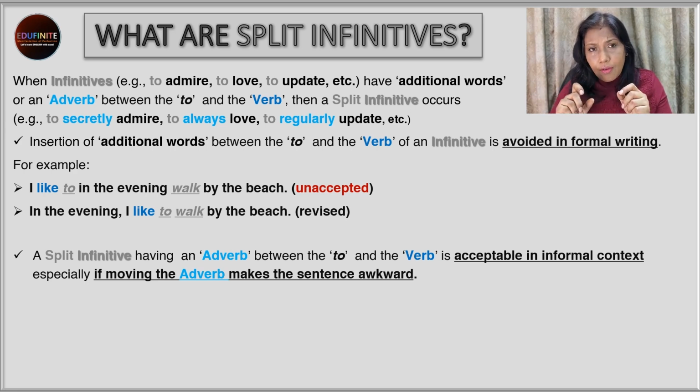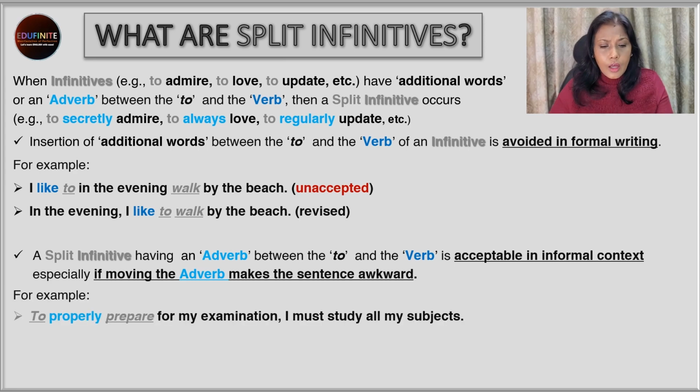And if we remove that adverb and place it somewhere else, maybe it's hampering the meaning. The exact idea that we are trying to portray is not being very effective. So in that case, we use the split infinitives only with the adverbs where it's absolutely essential.